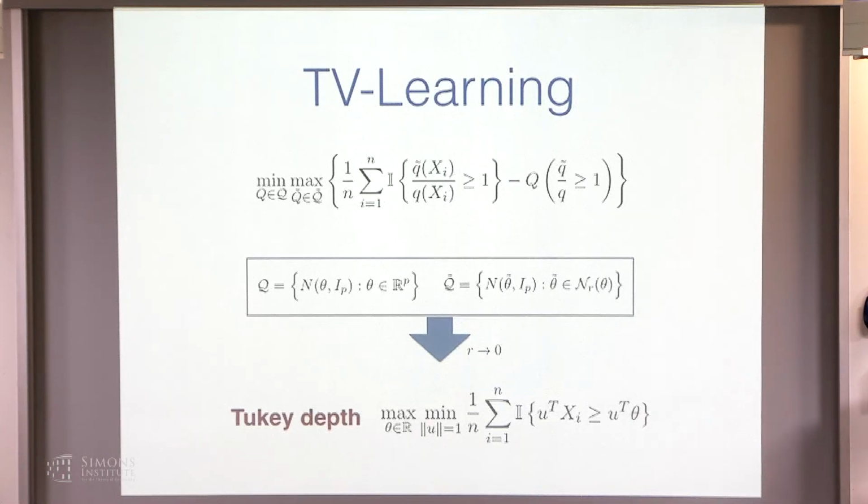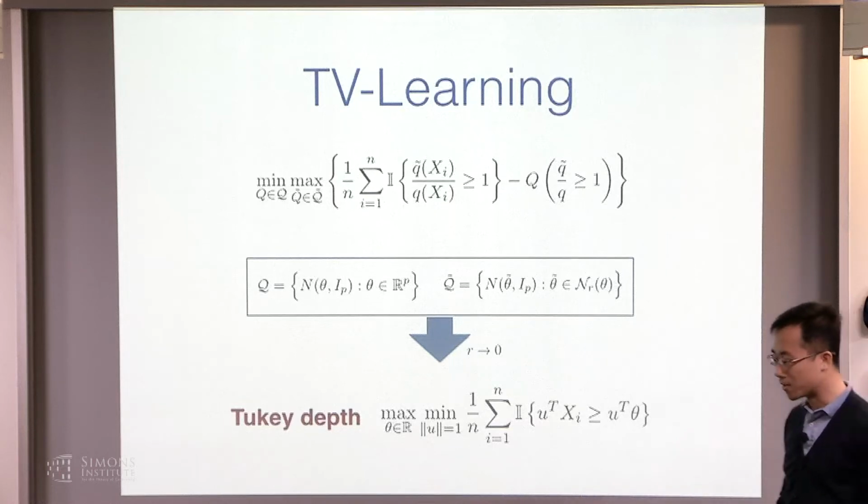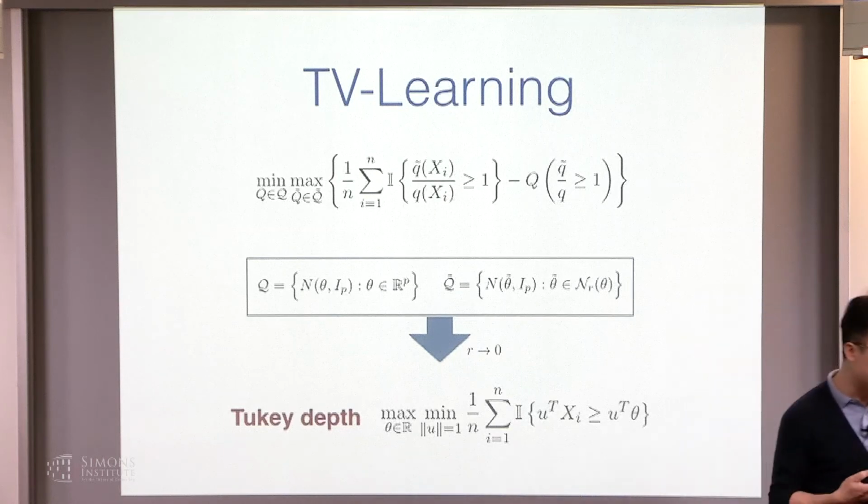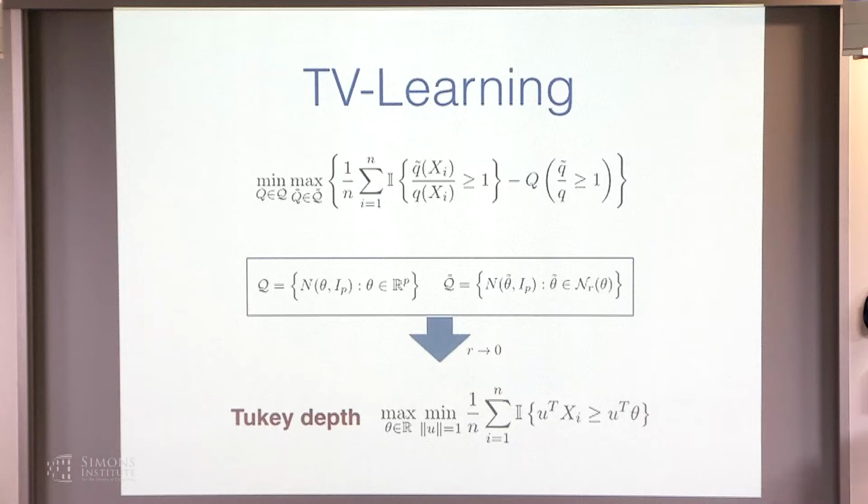And this also explains why it is minimax optimal in this Huber's absolute contamination model, because Huber's model is essentially misspecification with respect to total variation distance. And what Tukey's median does is exactly try to minimize total variation distance. That's why they are compatible with each other.